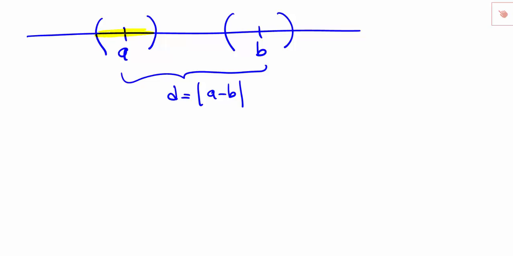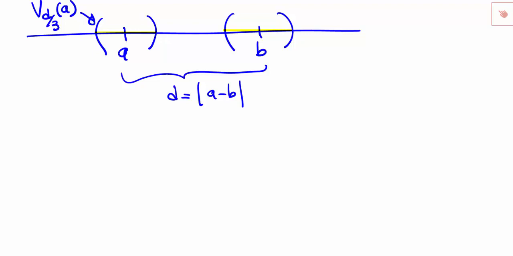So essentially, I want to find a neighborhood around A and another neighborhood around B so that those two neighborhoods don't overlap. To make sure that these two neighborhoods don't overlap, it is enough to pick a d/3 neighborhood around A. I just need the radius of this neighborhood to be less than d/2.